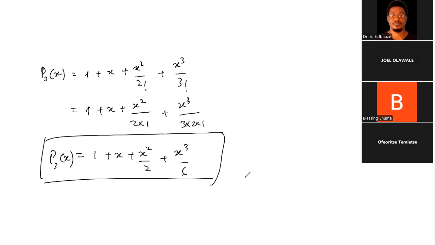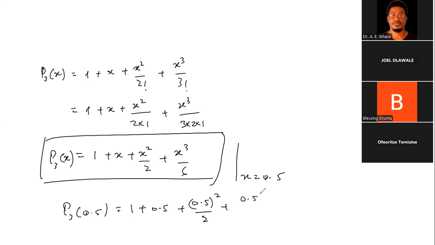And now we are also expected to approximate the function at x being the same as 0.5. So that P3 of 0.5 will now be 1 plus 0.5 plus 0.5 squared over 2 plus 0.5 cubed over 6.